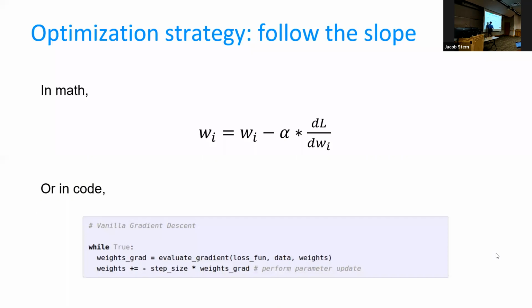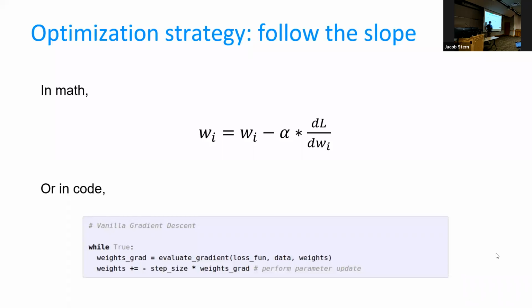It will pass your data and your weights into your loss function, produce the loss, calculate the gradient of that loss with respect to the weights, and then assign it to this variable called weights grad. So weights grad now holds the partial derivative of the loss with respect to each of the weights.